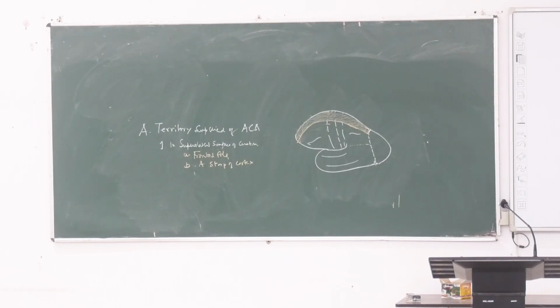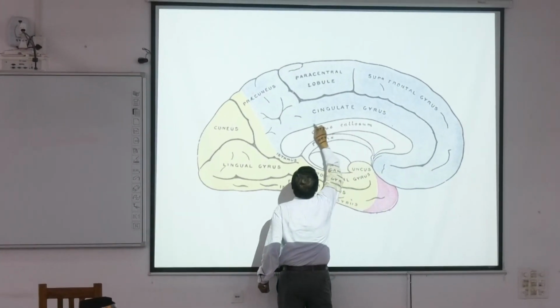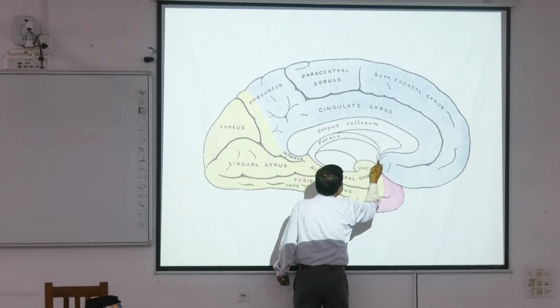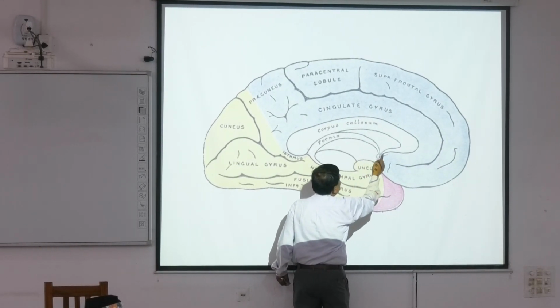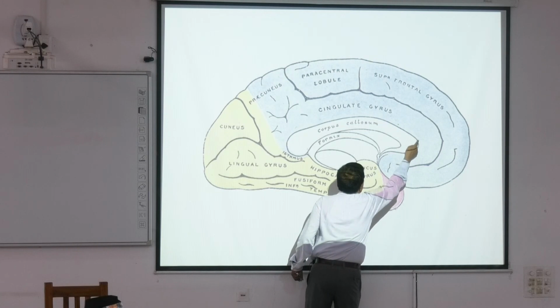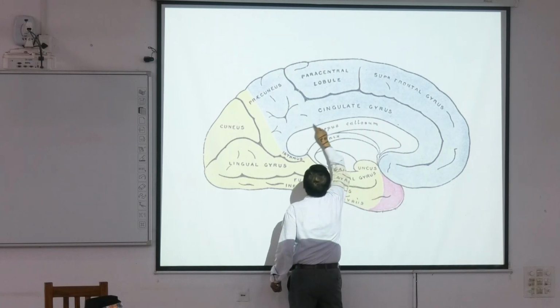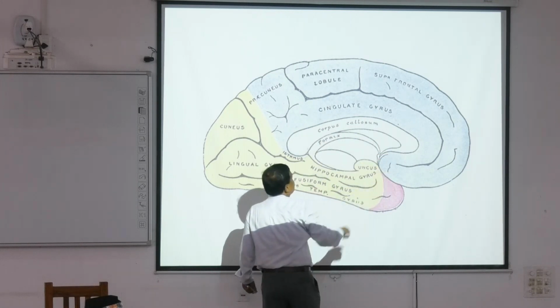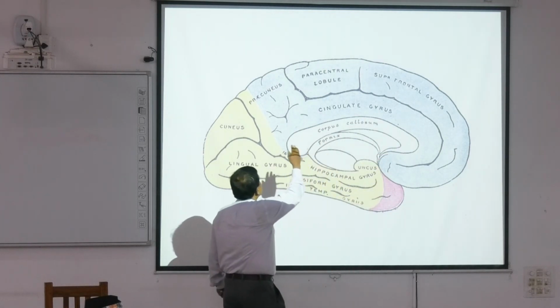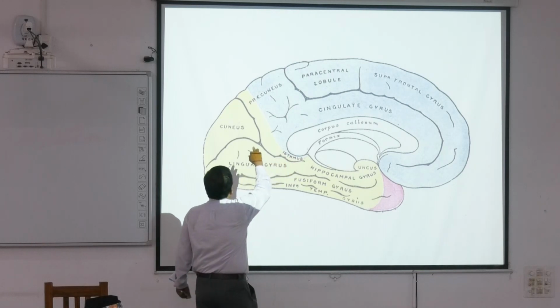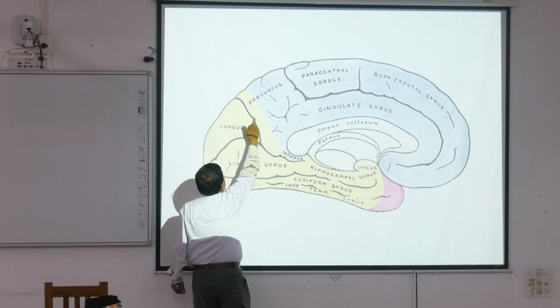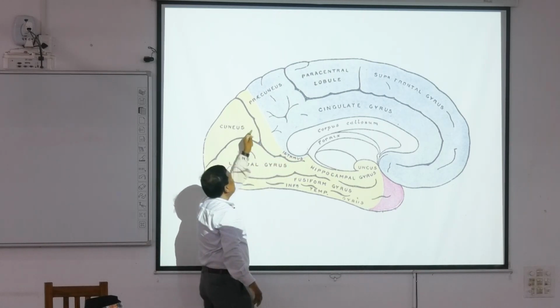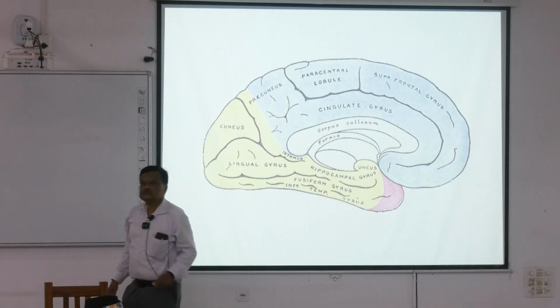The anterior cerebral artery, after its origin, courses along. So it supplies the medial frontal gyrus, cingulate gyrus, paracentral lobule, and part of it up to the precuneus.